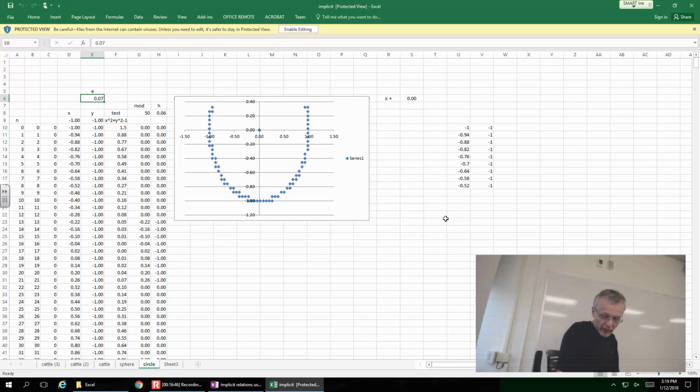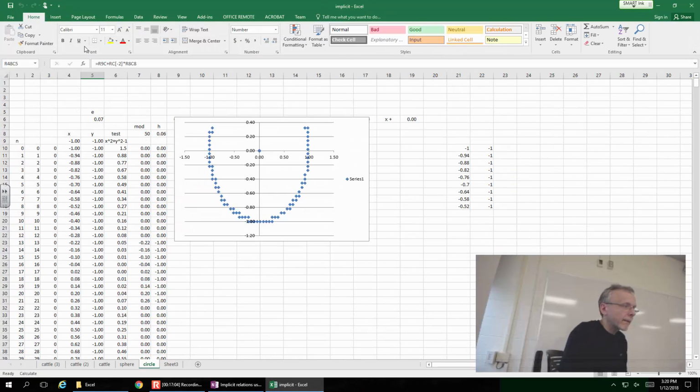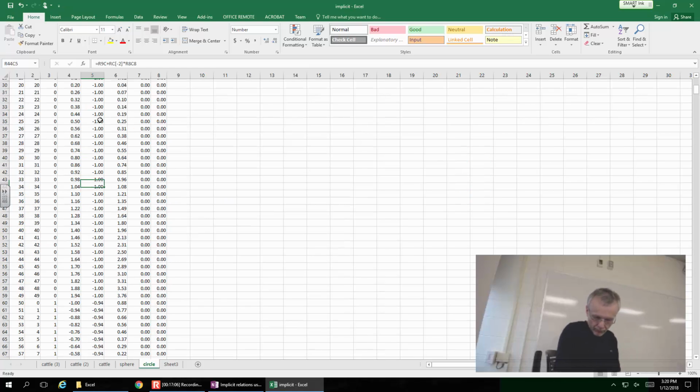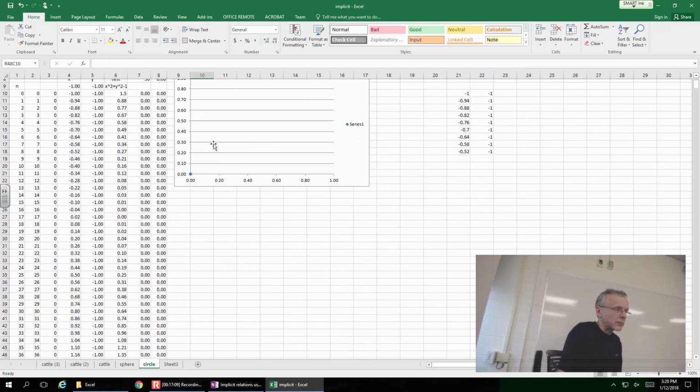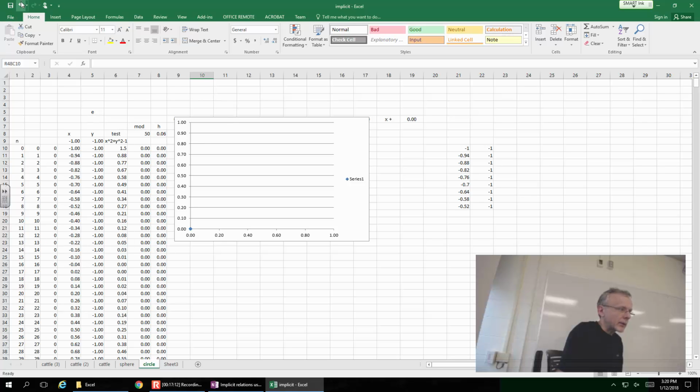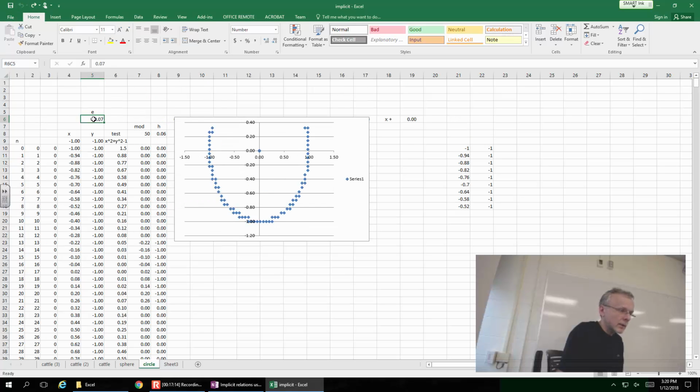So if, for example, my threshold is too large, what's going to happen? Too many points. For example, if I put here, say, 0.3, enter.